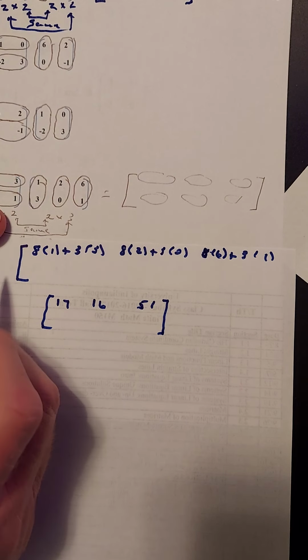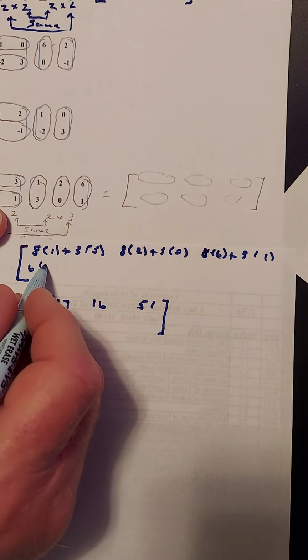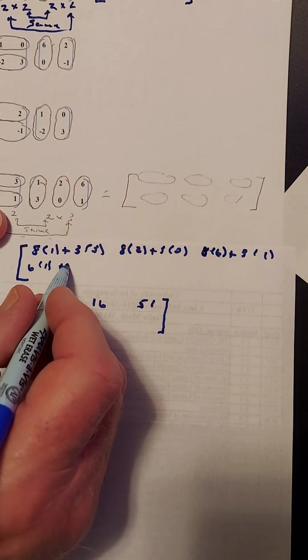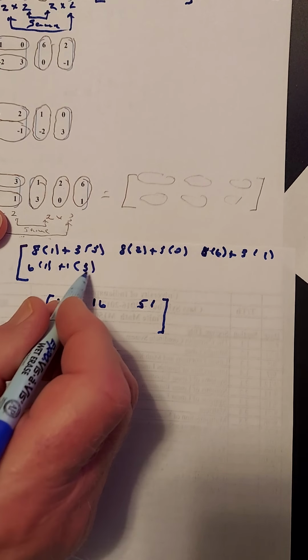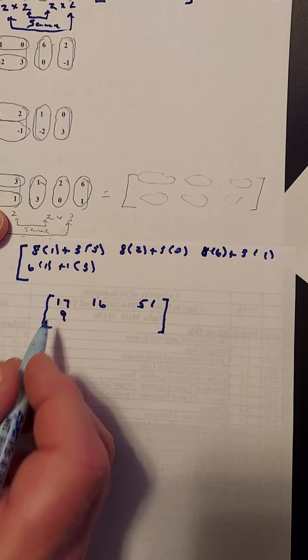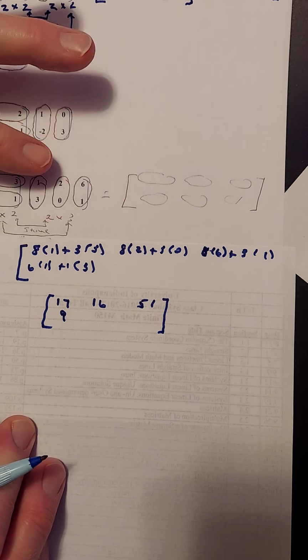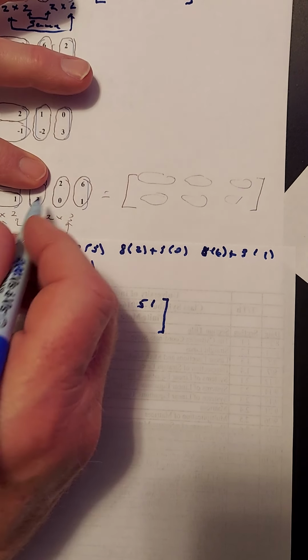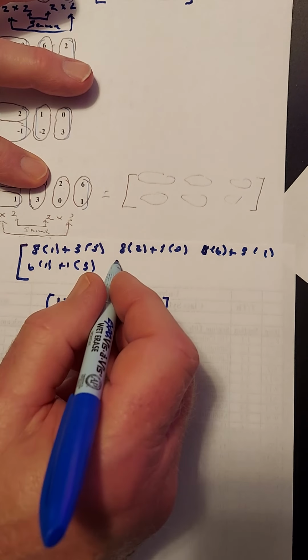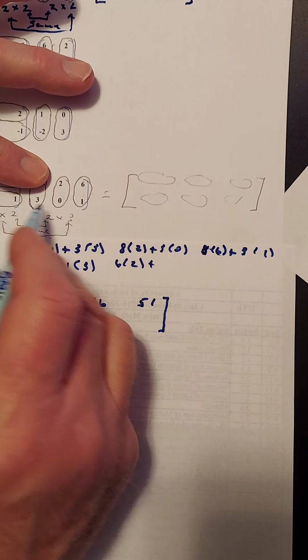Okay, now we're going to go second row times the first column. 6 times 1 plus 1 times 3. 6 plus 3 is 9. Second row, second column. 6 times 2 plus 1 times 0.